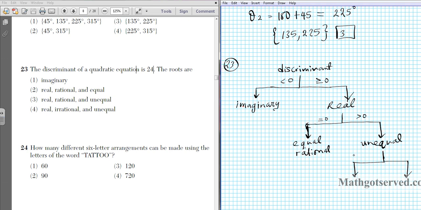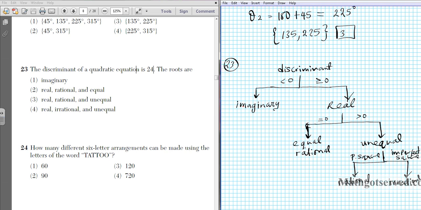If it's a perfect square, I'm going to call it p square, then they're going to be rational, because that square root gets simplified into a number that has no radical. But if it's an imperfect square, then they're going to be irrational. Okay, so there goes your classification.